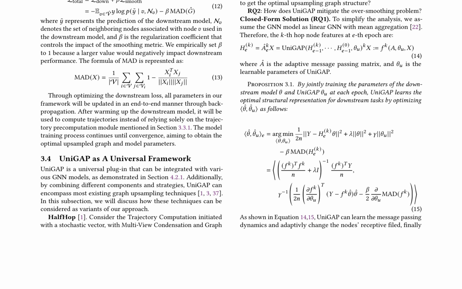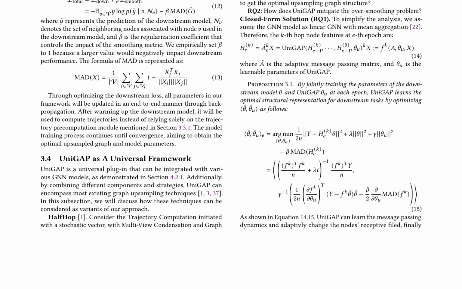UniGAP can be integrated with various GNN models, and its effectiveness is demonstrated through experiments on both homophilic and heterophilic datasets. The results show that UniGAP significantly enhances traditional GNN models, especially on heterophilic datasets, and outperforms other graph upsampling methods, such as half-hop. The framework's ability to adaptively change the node's receptive field and learn the message passing dynamics enables it to mitigate the oversmoothing problem.